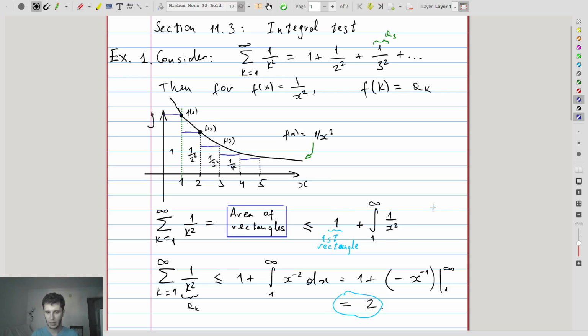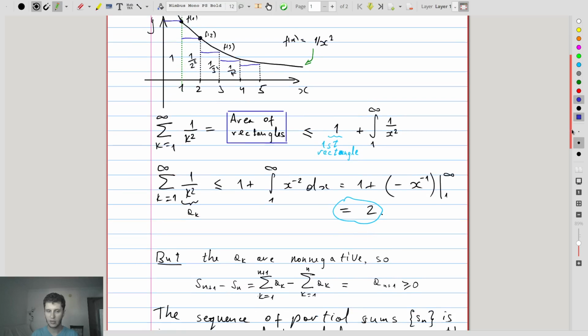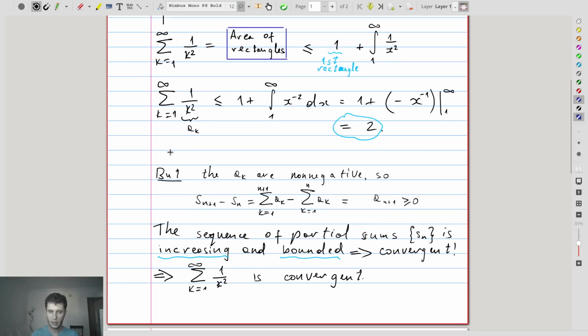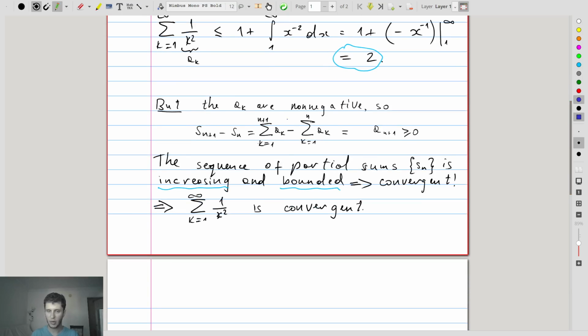But the area under the graph is finite because the integral converges. So we have that the infinite sum of our series is at most 1 plus the integral from 1 to infinity of x to the minus 2 dx. We can go ahead and integrate that, and we get 2. So the infinite sum of our series is bounded by 2.